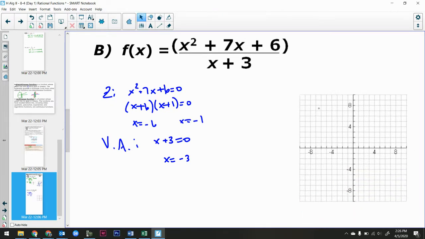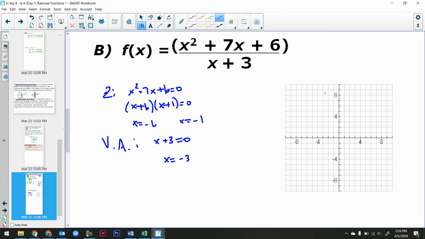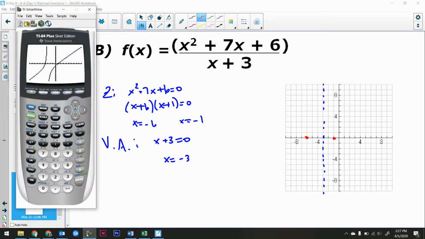So what does that mean in terms of my graph? That means that I've got another vertical asymptote at -3, just like the last problem. And then I know I have zeros at -1 and -6. Actually, I'm going to change colors here. Okay, and at that point, I'm going to go to my calculator and plug this in.